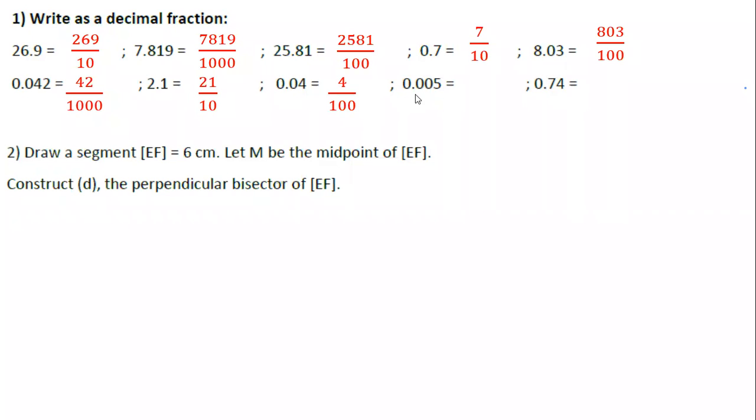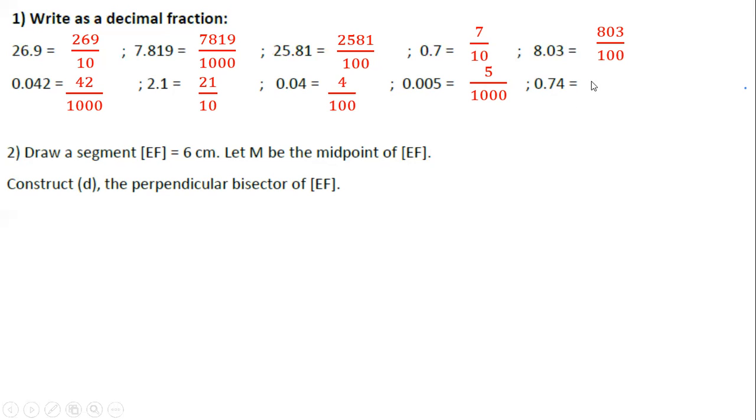How many digits you have, Lana, to the right of the point? Count them, please. 1,000. And the numerator is? 5. 0.005.